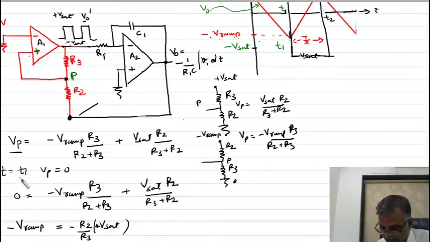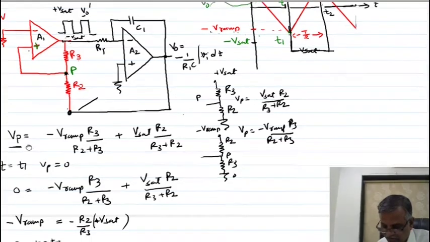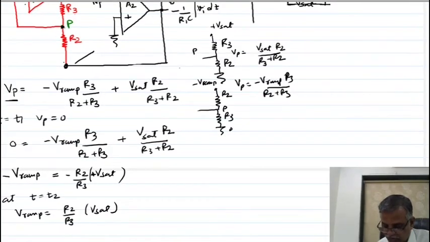So I am writing here that Vp is 0. From this equation you take this to this side and this will be cancelled. I am keeping the minus sign because I want to find the peak to peak voltage. That's why I did it like this.